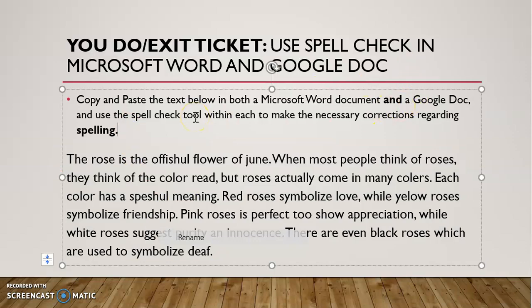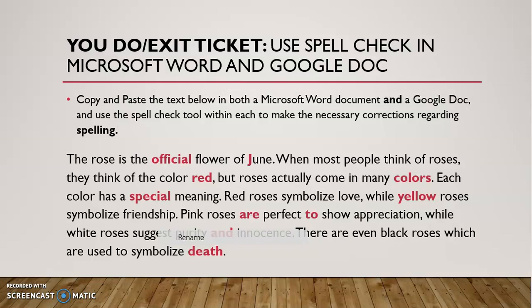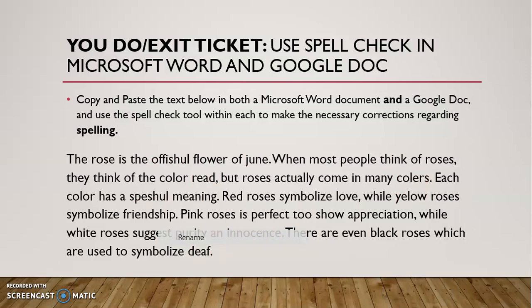And once you copy and paste this text into both of those documents, you are going to then use the spell check tool in both documents to make the proper spelling corrections to the piece of text as demonstrated in previous slides and videos. There's also the corrected version here for you to check your work, but please just try to use the tools as demonstrated so that you can get familiar with how they work and how to access them in both Microsoft Word and Google Doc.